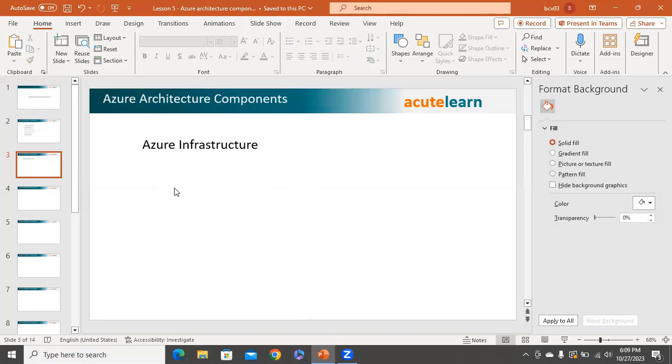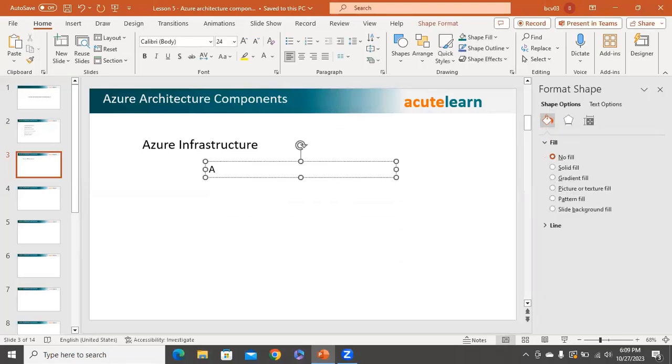So how is this Azure infrastructure being built? We use terminologies called Azure regions and availability zones. There are two different terminologies which we use in Azure when we are deploying or configuring any kind of resource.